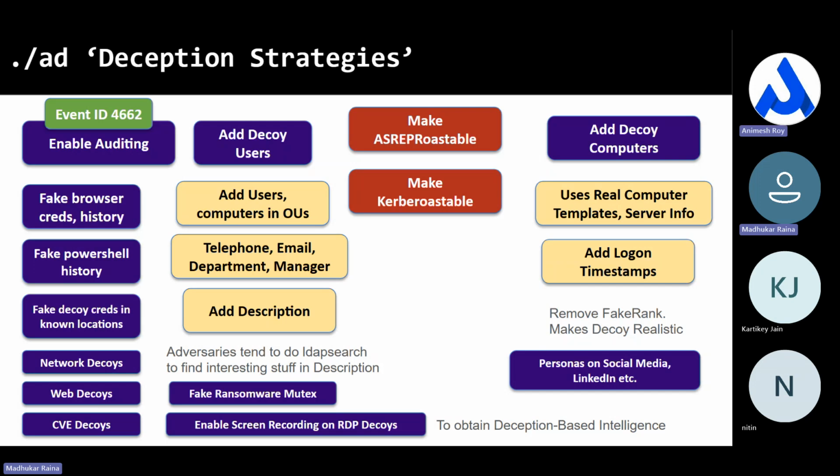So if they take RDP using this particular tool, there will be noise at the network level, but that will be ignored, or mostly the action will be taken later when they detect something else also.